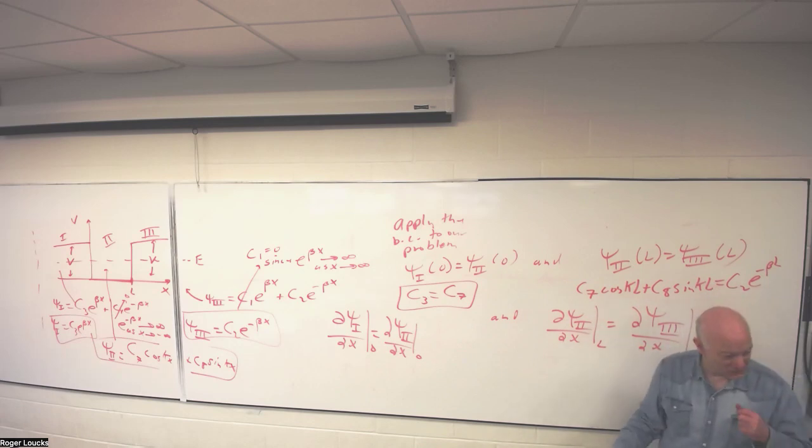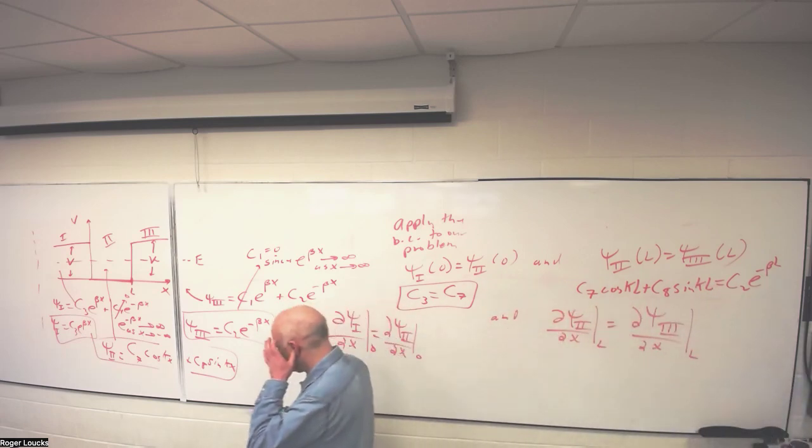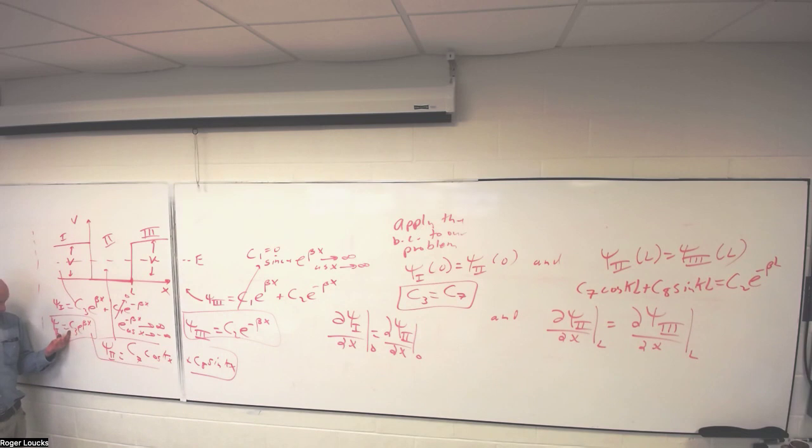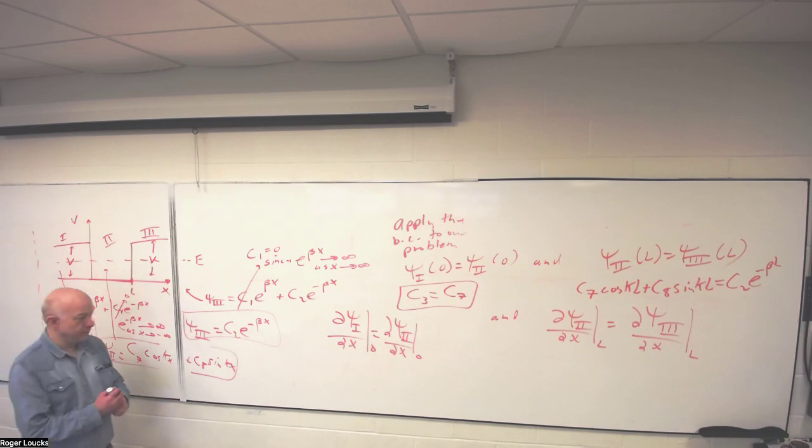The derivative of this is going to be beta C3 e to the beta x. But evaluating this at x equals 0 gives me beta C3.